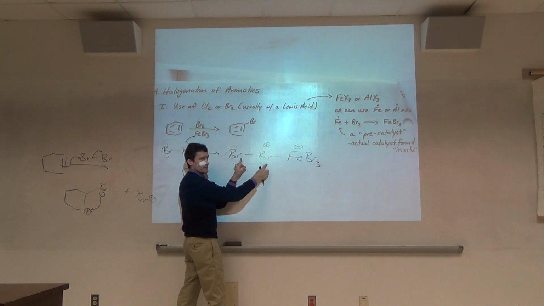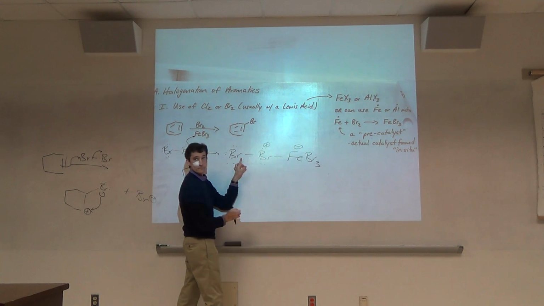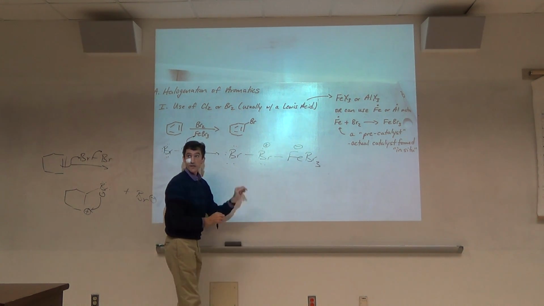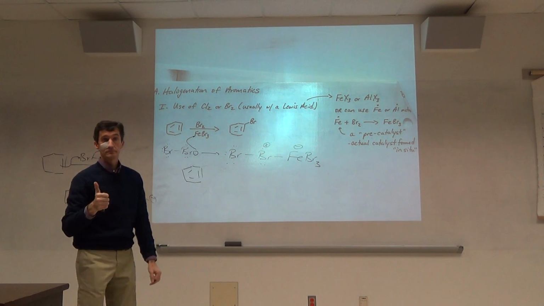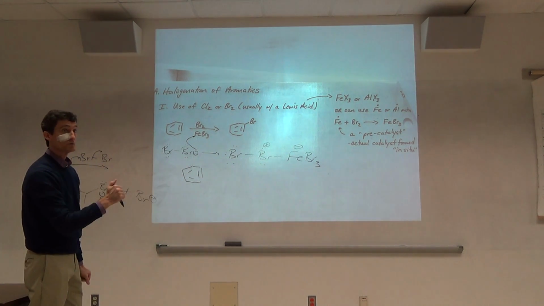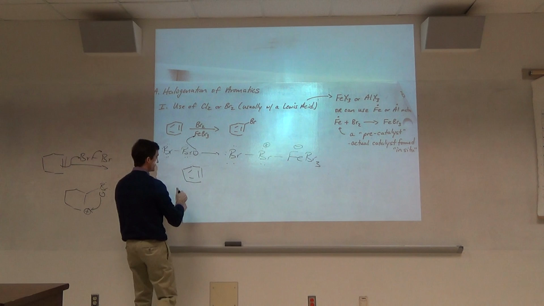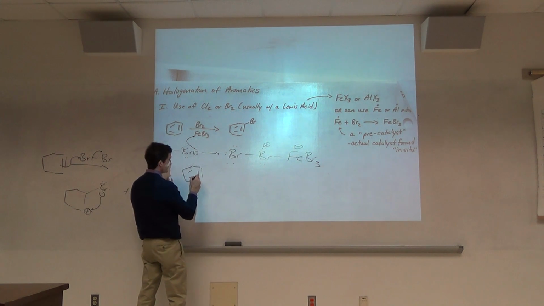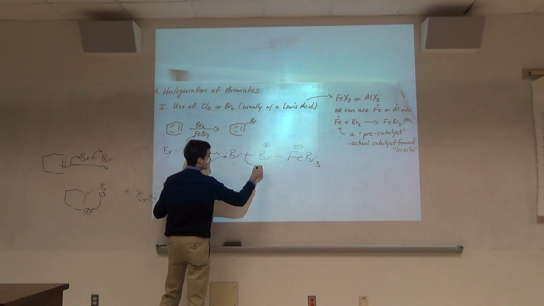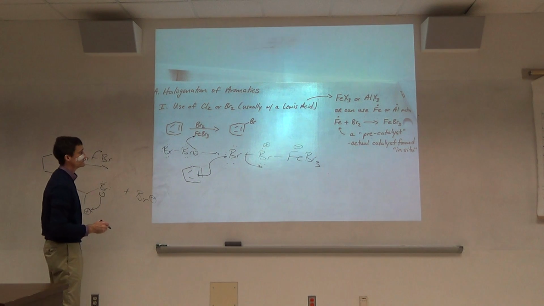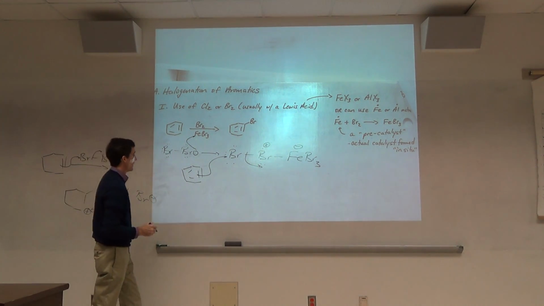Why is this bromine a better leaving group now? Because now it has a positive charge. How do you make oxygen a better leaving group? You protonate and give it a positive charge. Bromine has a positive charge. Now the electrons will attack here, kick that off. What does that give?